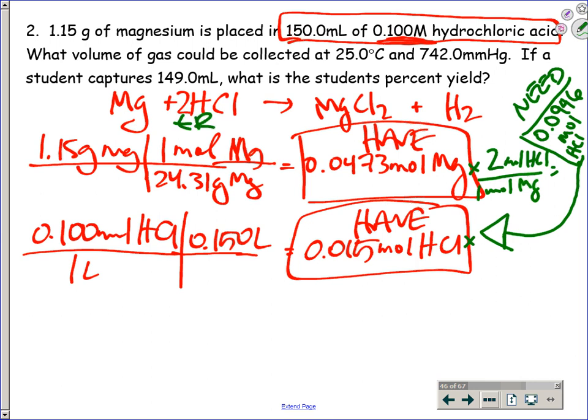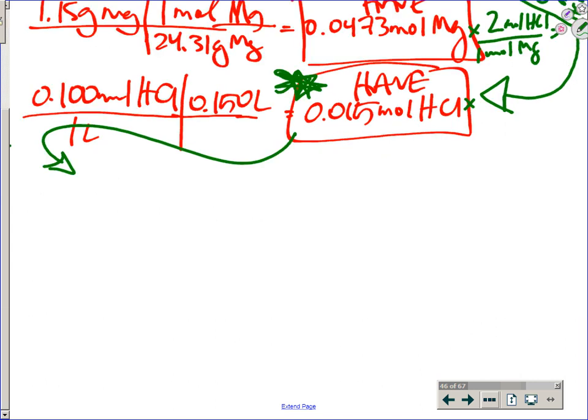Now we know how to get to moles of H2. That's our real question here. So which of these values am I going to use to proceed? Your half of HCl is the most important number on the board right now, and that is controlling the product of hydrogen gas.